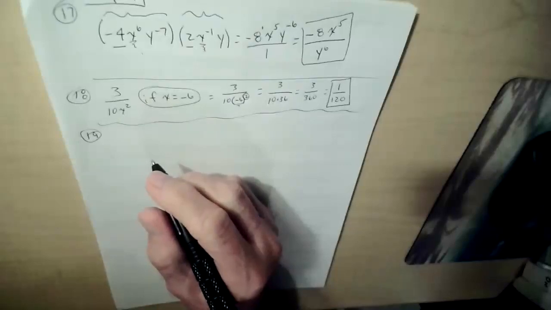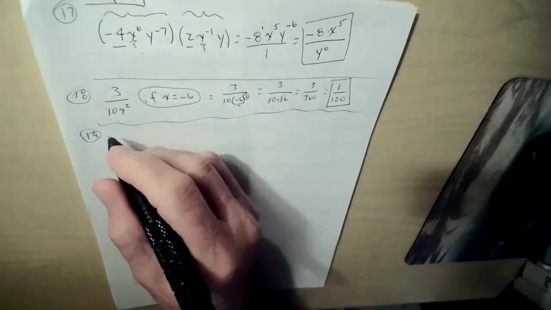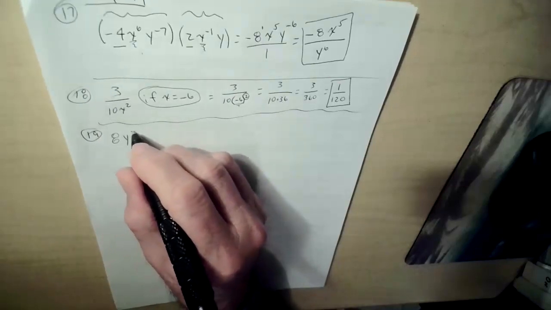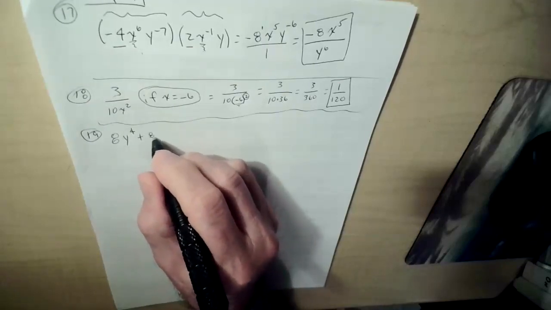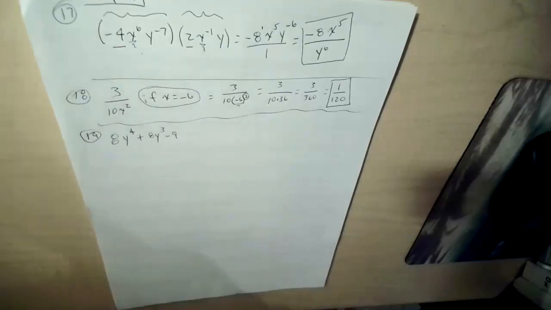Okay, number 19. We really didn't do this very much, if at all. 8y to the 4th plus 8y cubed minus 9.